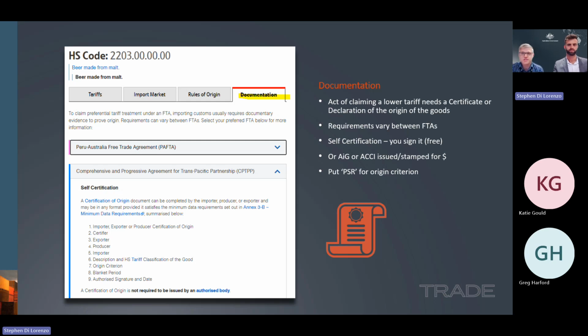We've got 18 FTAs. 6 of them require you to pay for and get a certificate of origin from an authorised body, like ACCI, I suspect Canberra Chamber of Commerce. But yes, so the Australian Industry Group, there's another, Trade Window Origin and international certification export service.